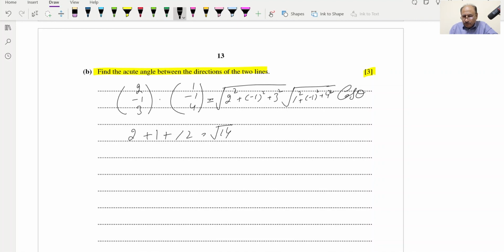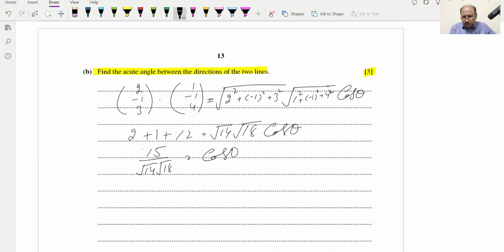So it will be the square root of 14, and this one will be 16 plus 1 plus 1, so the square root of 18, and cos theta. So this side will be 2, plus 1, plus 12, that's 15. So it will be 15 over the square root of 14 times the square root of 18.